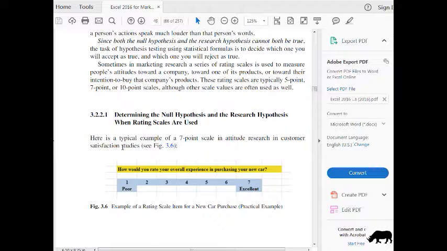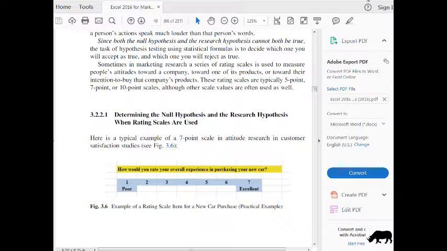Here is a typical example of a 7-point scale in attitude research and a customer satisfaction study. How would you rate your overall experience in purchasing your new car? On this scale from 1 to 7, 1 is poor and 7 is excellent. This is an example of a rating scale item for a new car purchase.